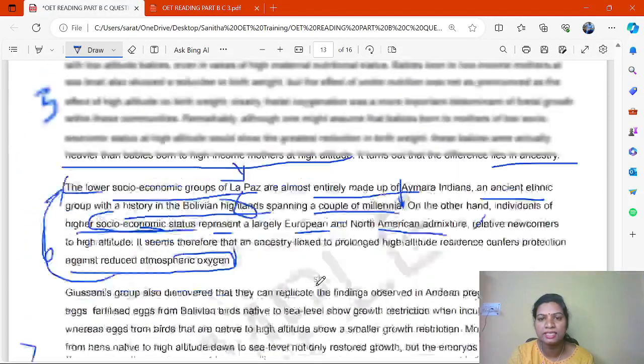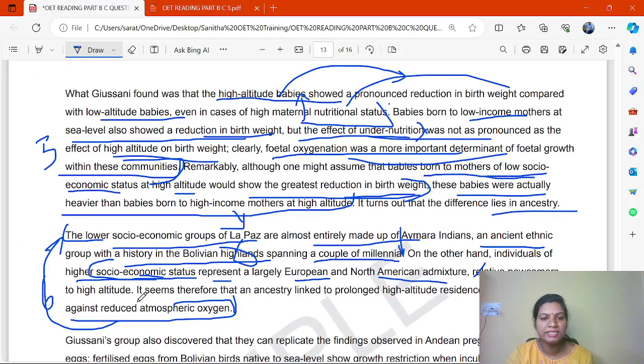See what the last sentence is: it shows, therefore, that an ancestry linked to prolonged high altitude residence confers protection against reduced atmospheric oxygen. They are getting some protection. They have a connection with their inheritance, with their ancestry.